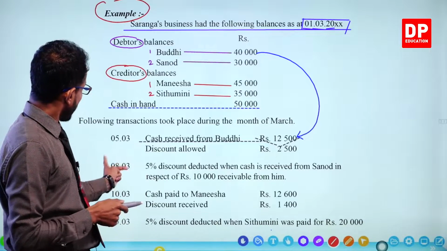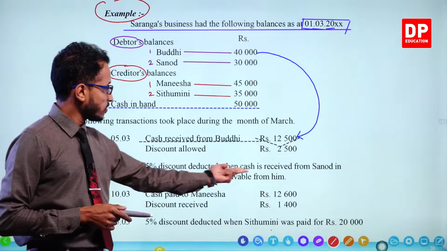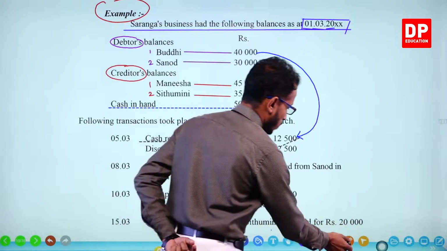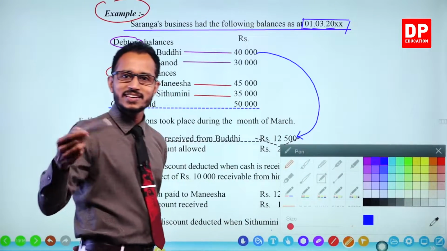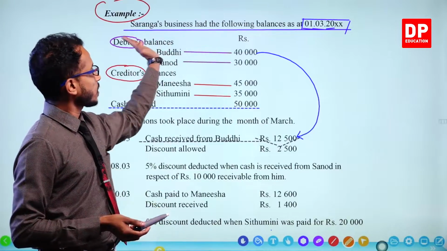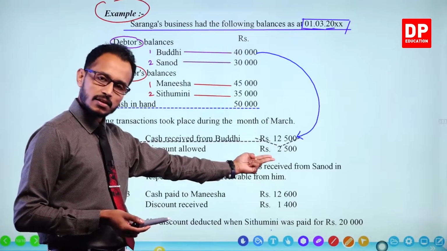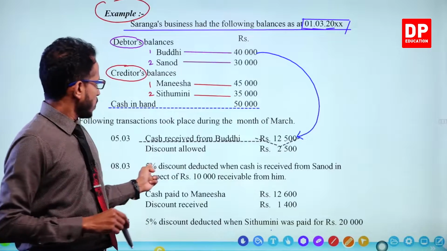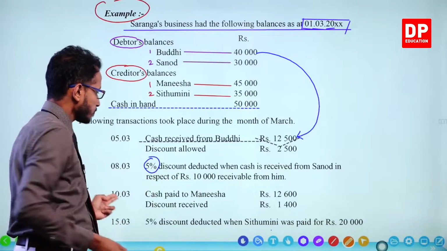Again, 8th March, 5% discount deducted when cash is received from Sanod. Sanod, this guy also has paid. See, that's how you think, right? We have debtors in Saranga's business, Buddhi and Sanod. Now these guys are paying the money that they are owing us, and we are giving them discounts.